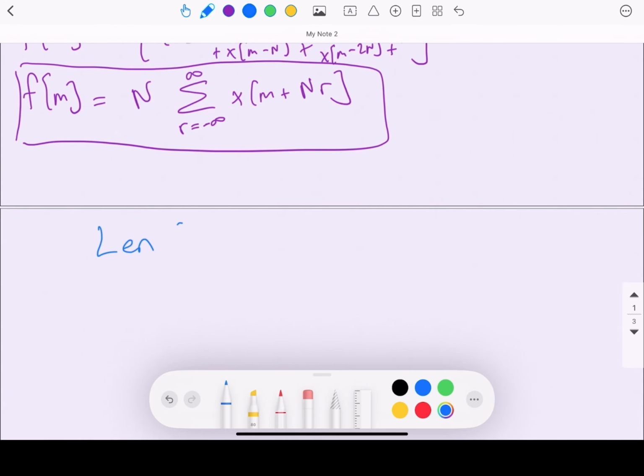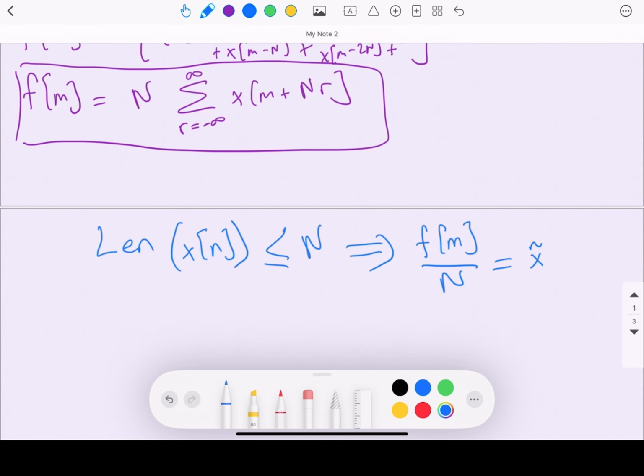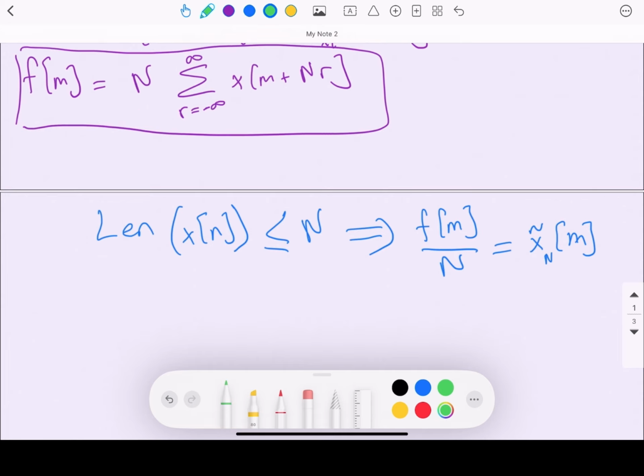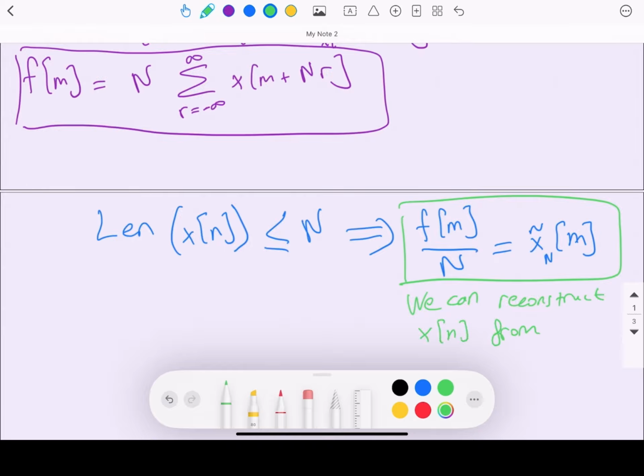If the length of x of n is less than or equal to N, then we can say that f of m over N will be exactly equal to the periodic extension of x of m by N. So in this case, we can actually reconstruct x of n from the samples of X of e to the j omega.